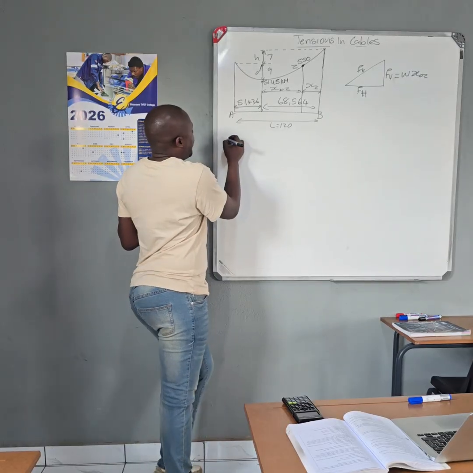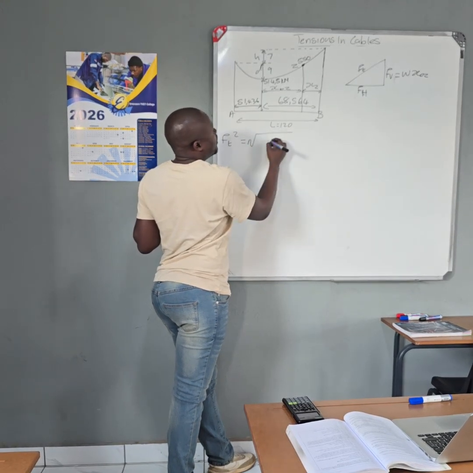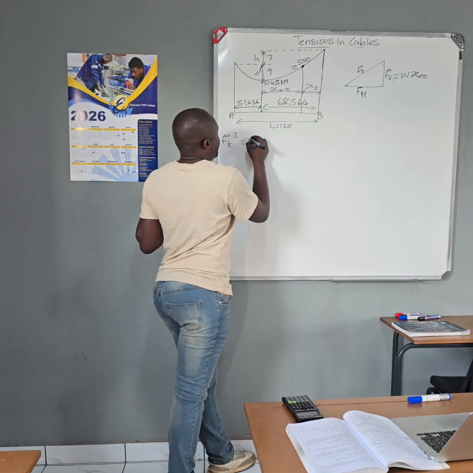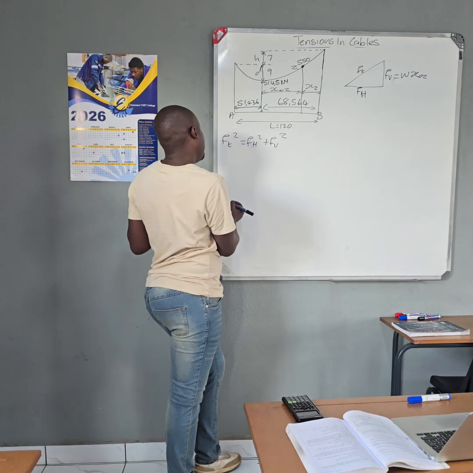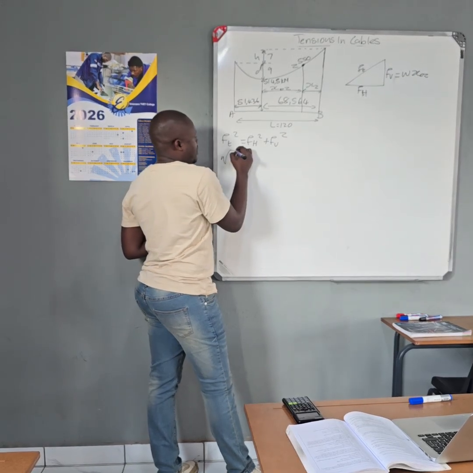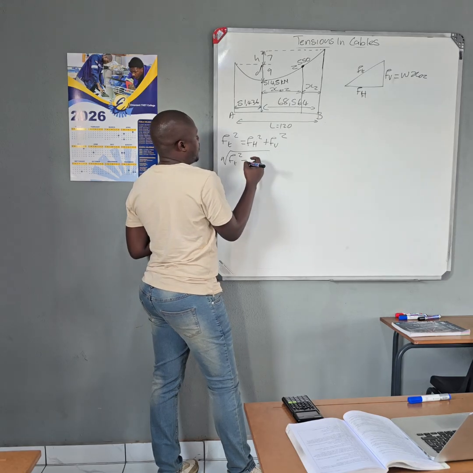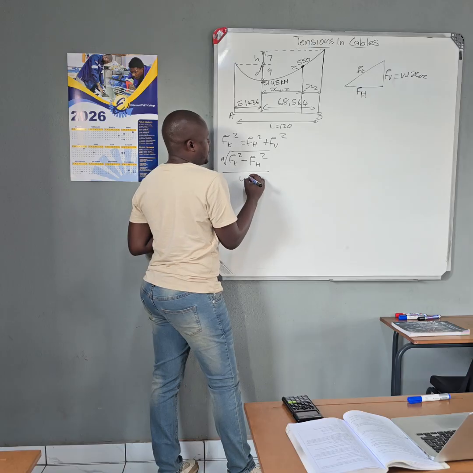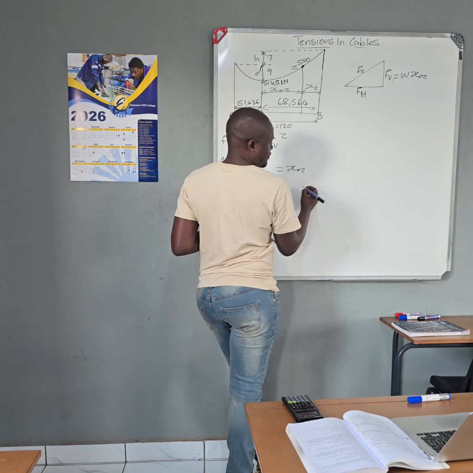So FT squared is going to be equal to FH squared plus FV squared. Then we solve for FV. We make FV the subject of the formula. You will find that FT squared minus FH squared, all this divided by W, is going to be equal to XOZ.